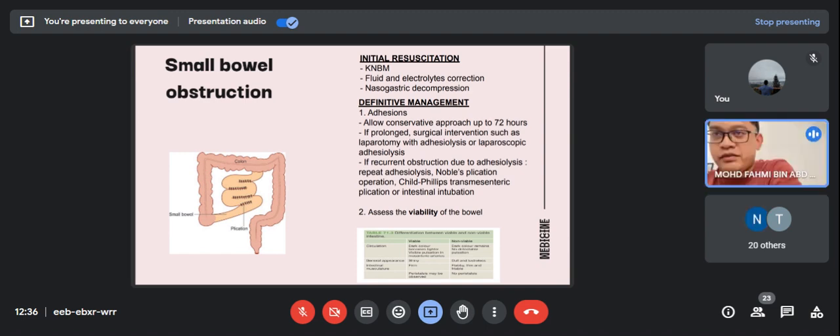Okay. Prerequisite before conservative management? The prerequisite, we must clarify before conservative management: abdominal X-ray. You will see all the features.